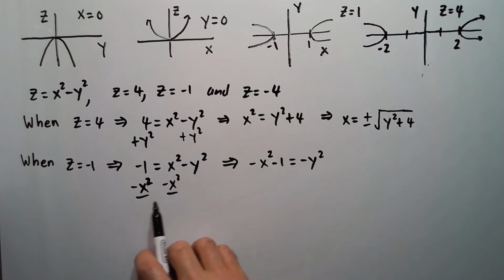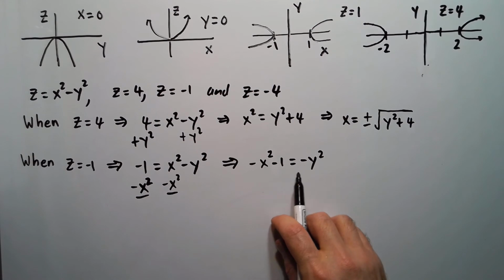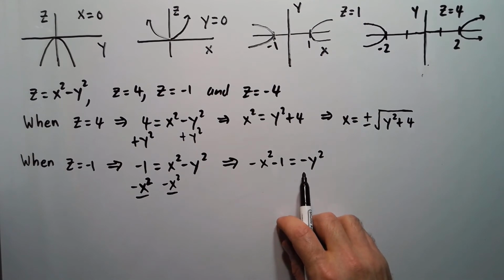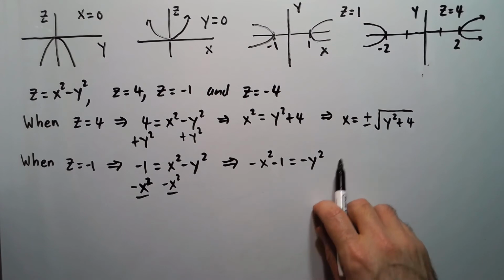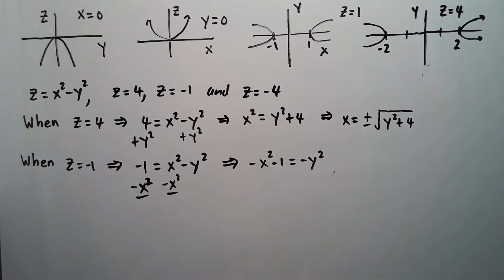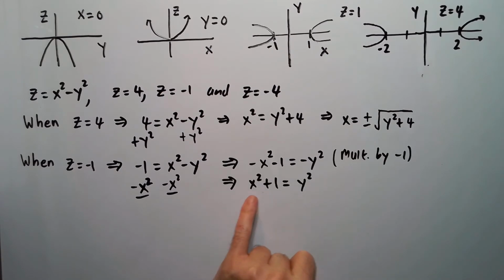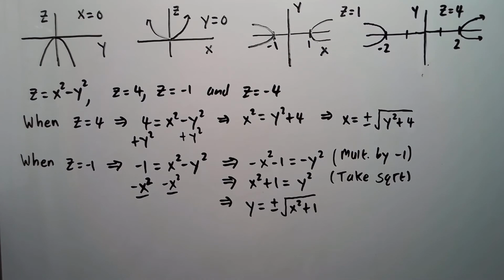So subtracting x squared on both sides, we get negative x squared minus 1 equals negative y squared. Then I'm going to multiply both sides by minus 1, which is going to change all the signs here. Multiplying by minus 1 just changes the signs. And lastly, taking square root, we get y equals plus or minus square root of x squared plus 1.